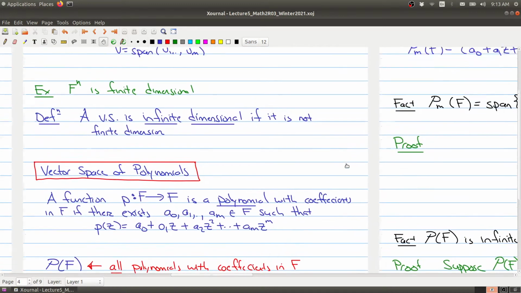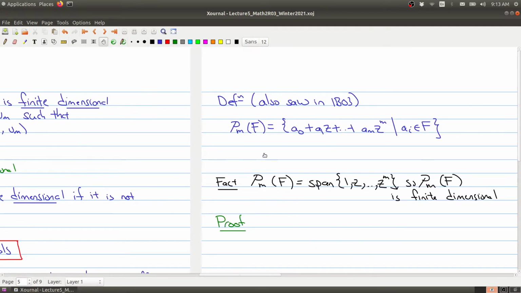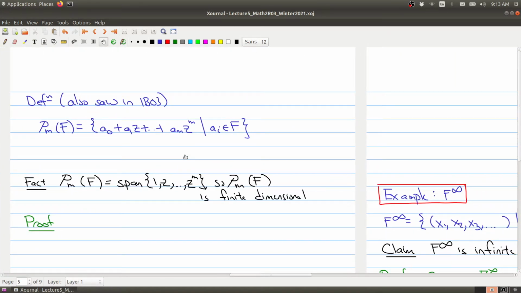And once we have this notion of degree, we can define the following set, which we saw in linear algebra 1B03. We can take P_m(F) to be all the polynomials of degree m or less. So this is equal to all polynomials of degree less than or equal to m.